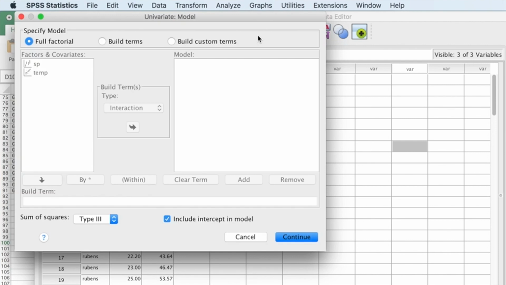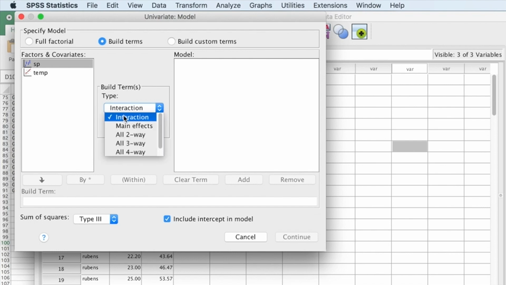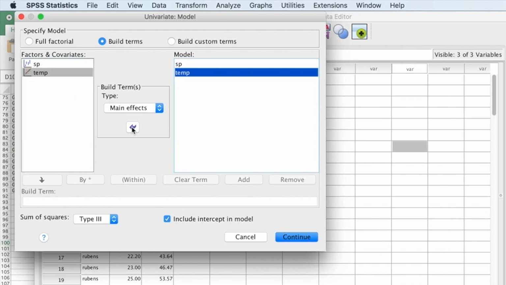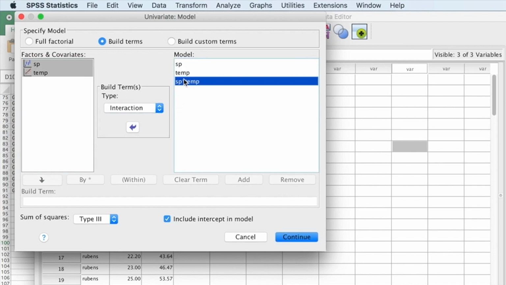And then maybe you click on Model here, and I like to do everything myself. So species is a main effect, temperature is a main effect, and then species and temperature together are an interaction term. That interaction term will be the comparison of slopes. So if that's significant, then we have to do something, and if it's not significant, then we have to do something else.